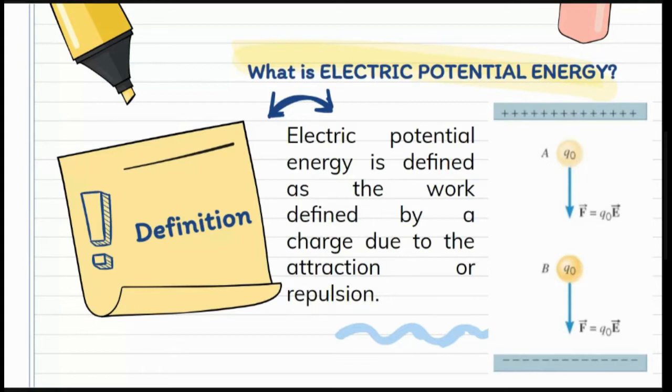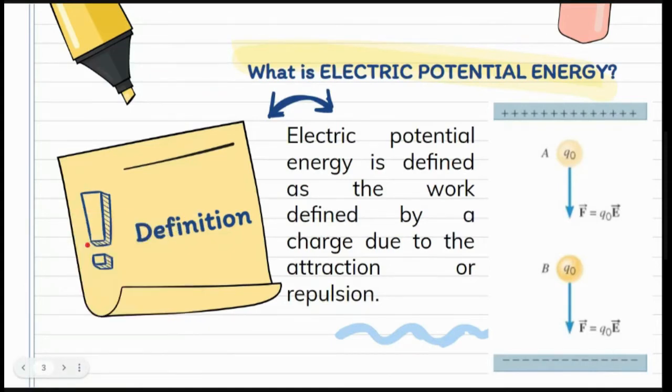And to test the attraction and the repulsion of these materials, we also use electric field. Remember that electric field is defined as the amount of force present in the system with respect to the test charge, or Q naught. Now, we're going to use the same principle, testing the electric field of a certain system as illustrated here in our diagram.